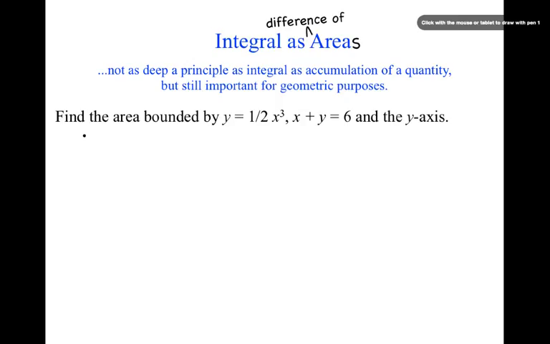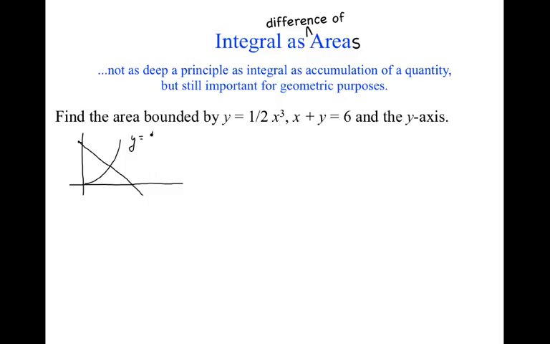At least we talked about it. We set it up, but didn't solve it. Okay, so this is y equals 1/2 x cubed and y equals 6 minus x, and I think at the end we found that the x value was 2, is that right?